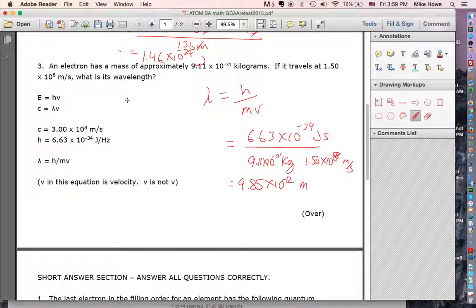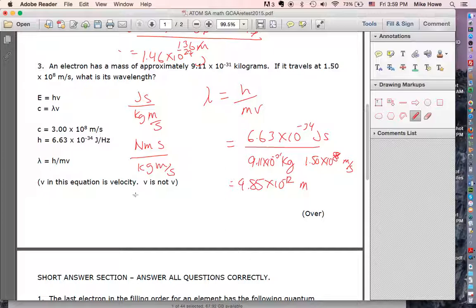Now I'm going to convince you right here why it's meters. So joule seconds divided by kilogram meters per second. All I did is write the units from here and the units from here over here. So we'll just show the unit cancellation real quick. A joule, you will remember from physics, was a Newton meter. So we'd have Newton meter seconds over kilogram meters per second.